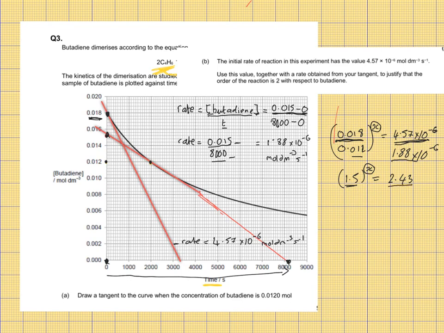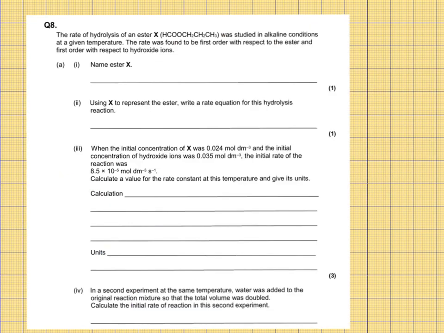It just so happens that if you square 1.5, you get 2.43, and therefore x is equal to 2. It's second order with respect to the concentration of butadiene. This is the 8th question from your independent study booklet.